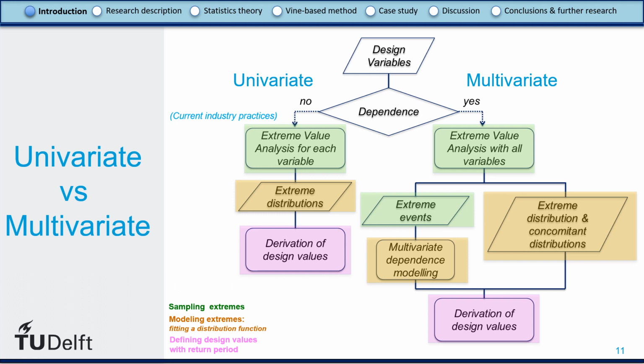If we assume that our design variables are independent, then we perform several univariate analyses. If the variables are dependent, we then perform one multivariate analysis with all of these variables, and we study their dependencies. And as you can see in this slide, the multivariate approach is more complex than the univariate approach.